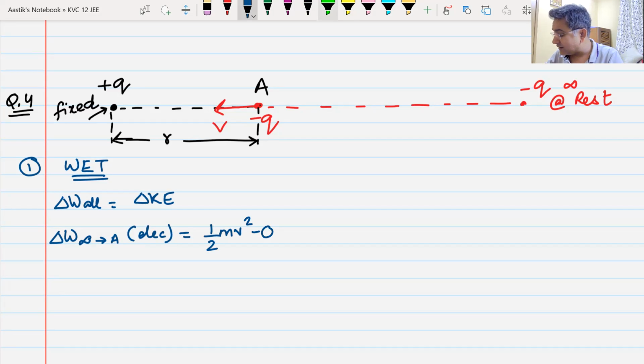Now to find out this blue thing, the work done from infinity to A, you don't need to integrate, you don't need to differentiate. What I'm going to do is find the energy of this system at infinity and subtract the energy of this system at point A.